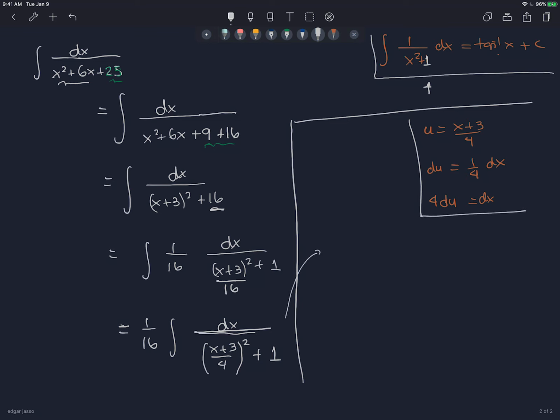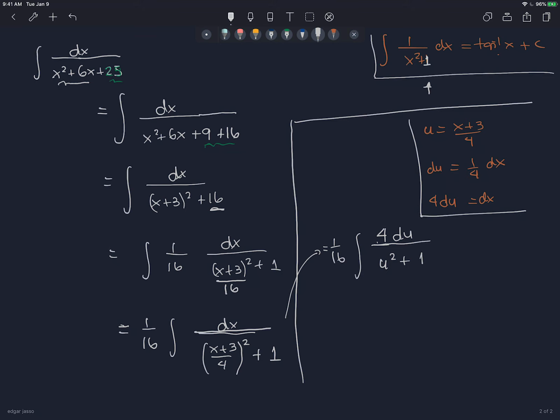So this becomes 1/16 of an integral of, I have a du, so let me put the du here. Sorry, this is wrong. I don't have a 1 over 4, I have a 4 du. It's in the numerator, right? My dx is 4 du. Okay? And in the bottom, I have u squared plus 1.